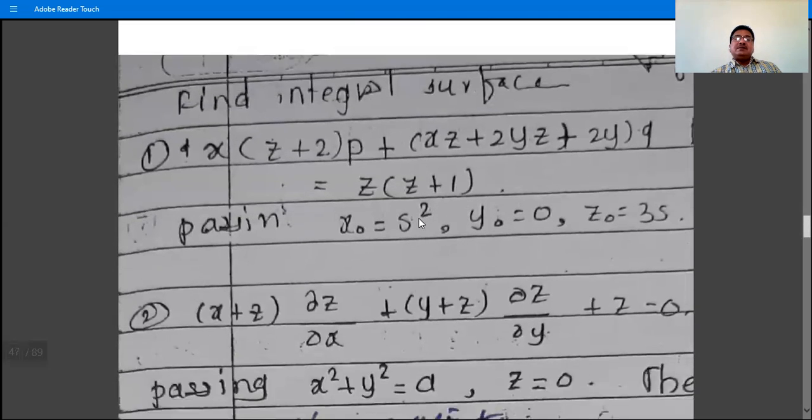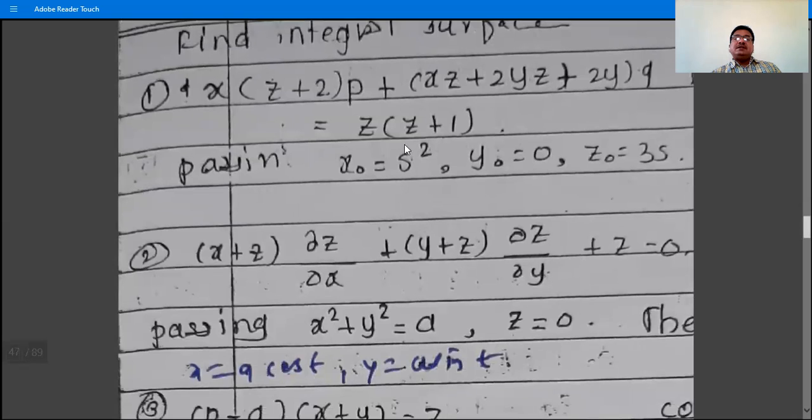Similar examples for assignment: find the integral surface x(z plus 2p) x plus x into z plus 2yz plus 2yq is equal to z plus 1 passing through the curve x naught is equal to s square, y naught is 0, z naught is 3s.